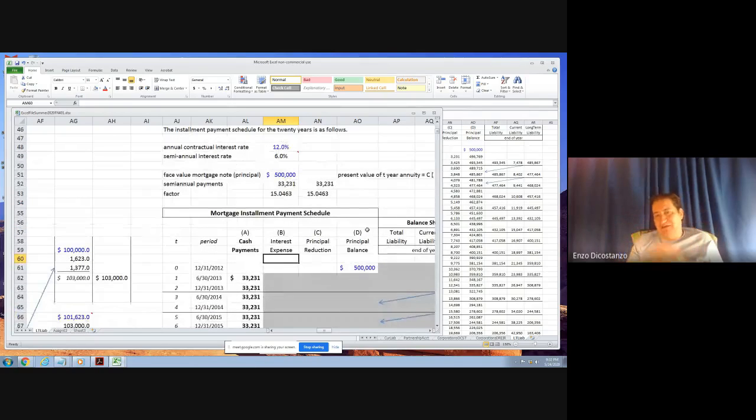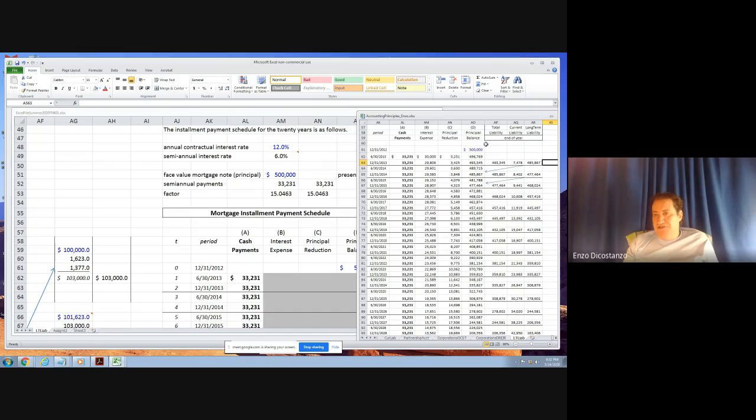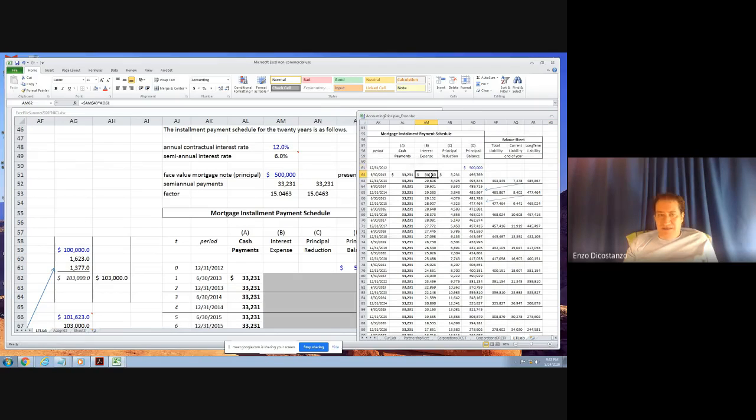There's a $500,000 loan. There's $33,231 payments. The loan is paid back in pieces over the 40 payments. So once you make the last $33,231 payment, that's it. But we're going to show you total liabilities, how all that happens in the textbook.